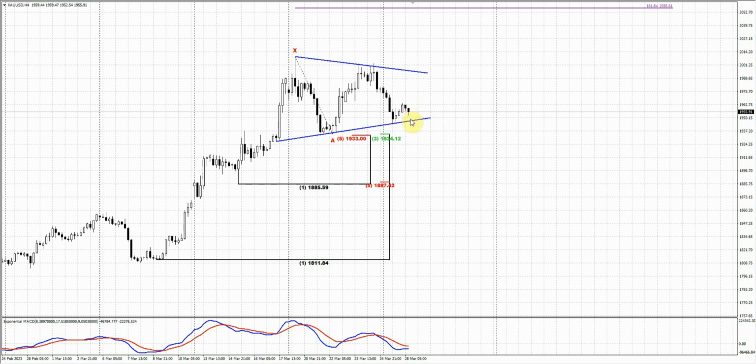If it drops below, this significantly decreases the chances that the butterfly will be formed, and there will be more chances that we will get an ABCD down, so the triangle will be broken. So in fact, the market stands at the point where the destiny of the potential butterfly will be decided, and that is the optimal area for making a decision for those who would like to trade the butterfly.